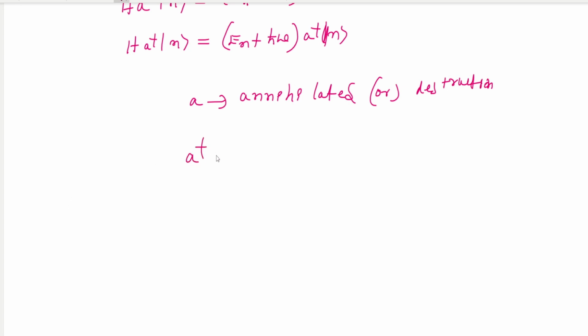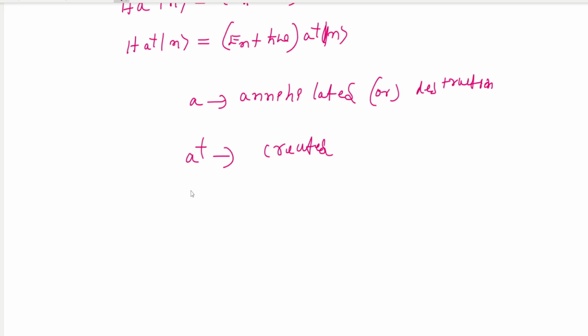A dagger we can call by another name, the creation operator. So we can call these creation operators and annihilation operators. These are very important operators in quantum mechanics, especially in the quantum theory of the electromagnetic field. Annihilation and creation operators are very, very important.